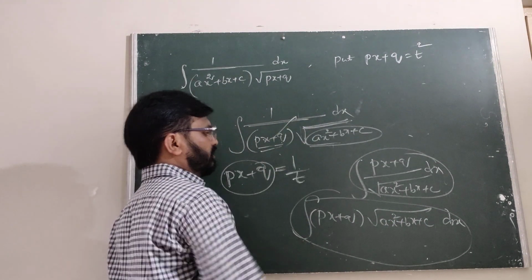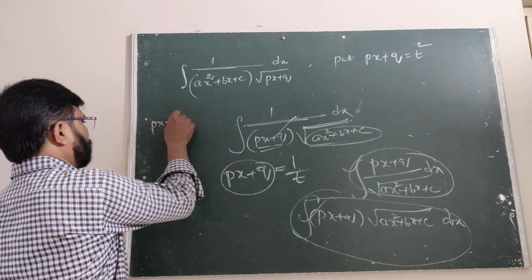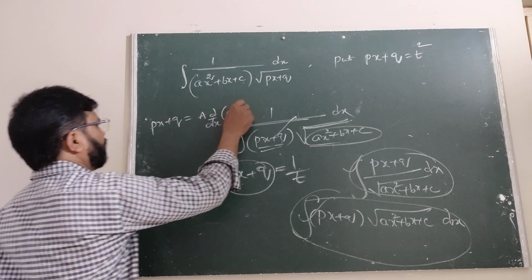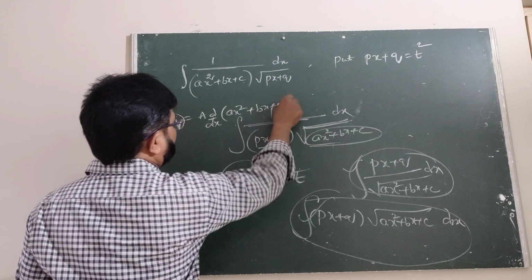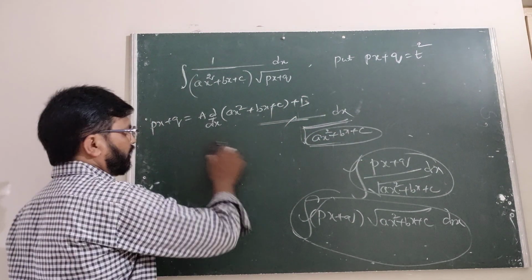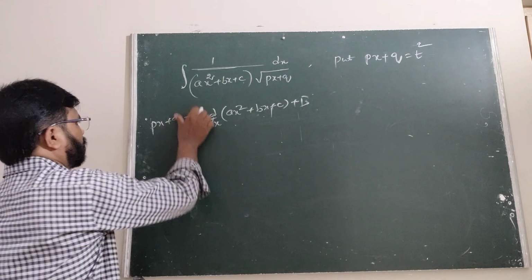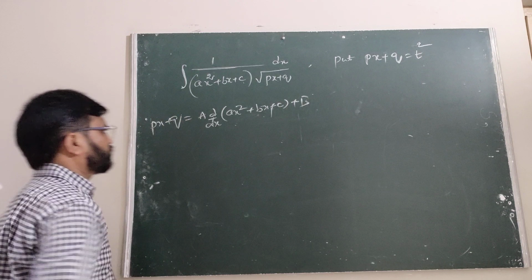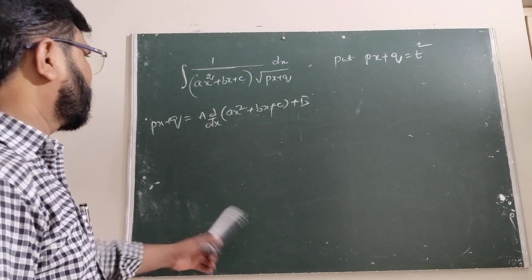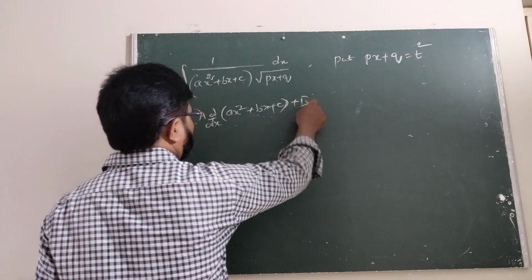This is a special case, but for these two we can write px plus q as a into d by dx of (ax square plus bx plus c) plus b. Just remember that.